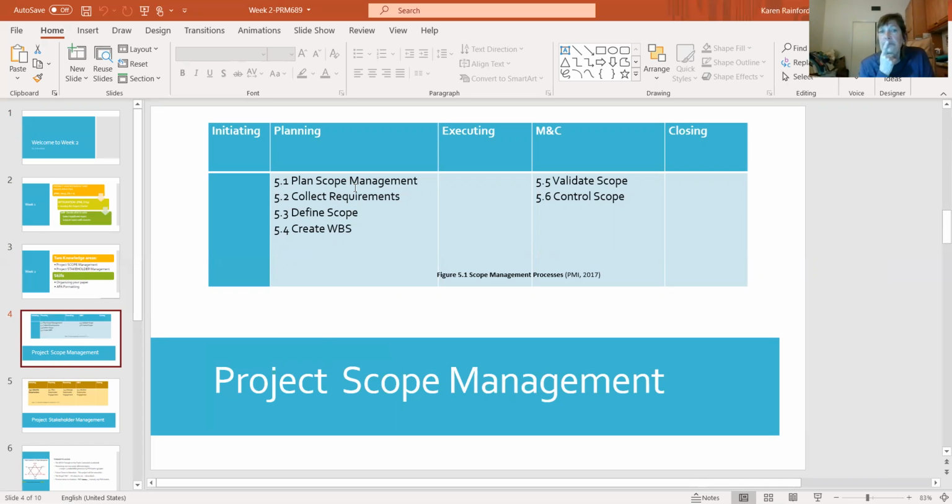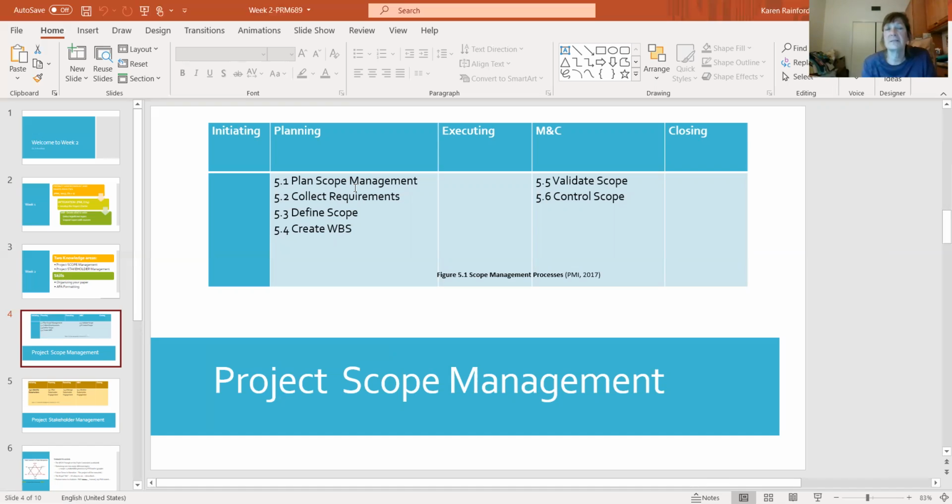The other thing, and obviously you do not need to do every process. One thing I would warn you about in plan scope management, that's not actually planning the scope. That's planning how you're going to plan and monitor and control the scope. So it's really talking about, are there any organizational or PMO boundaries on how you go about working on scope, and are there definite processes for how you're going to validate and control scope.